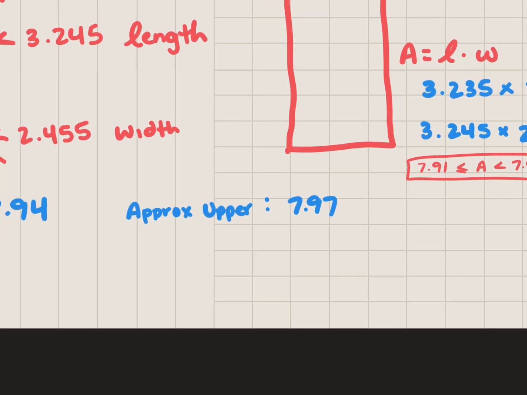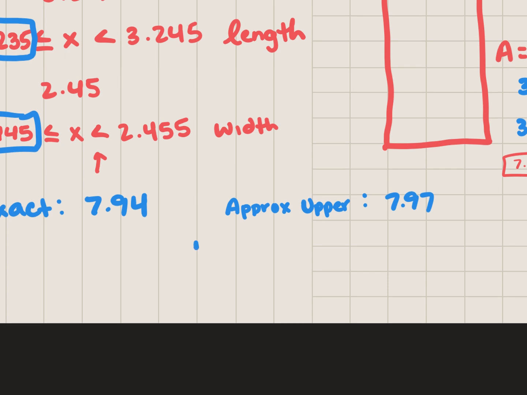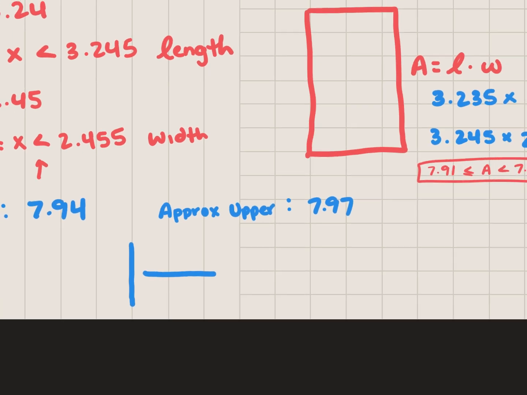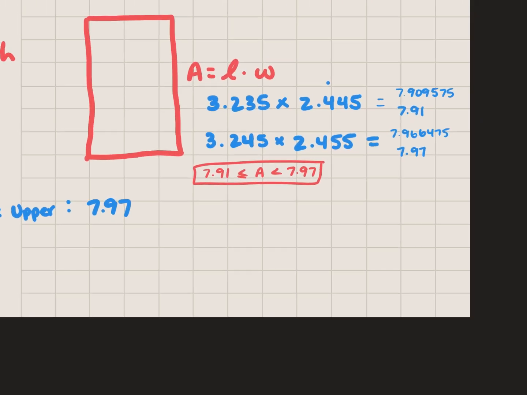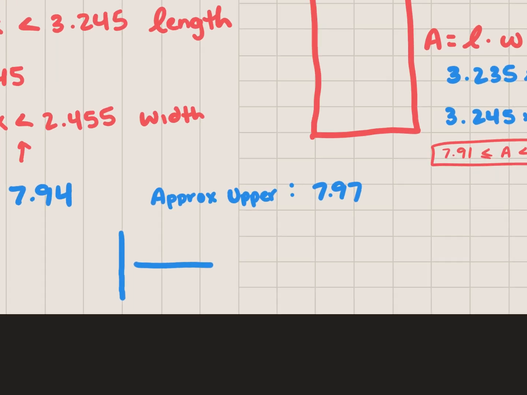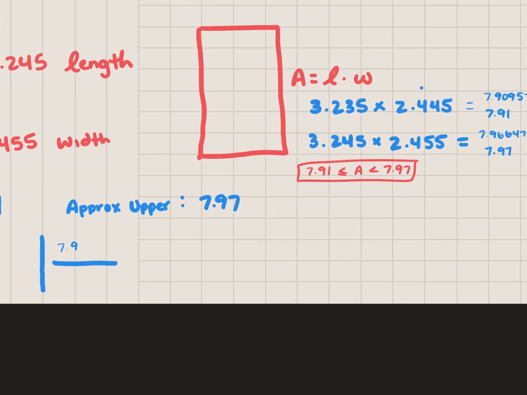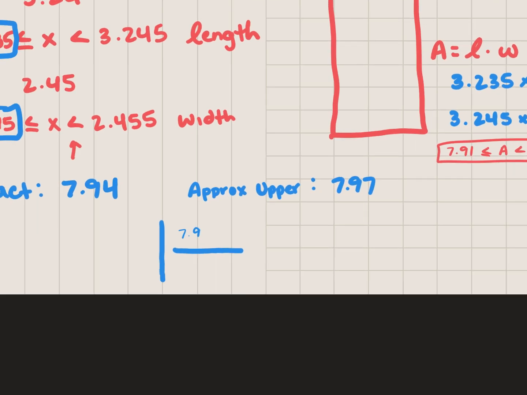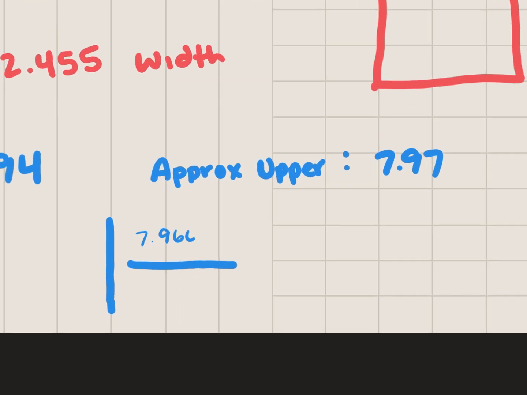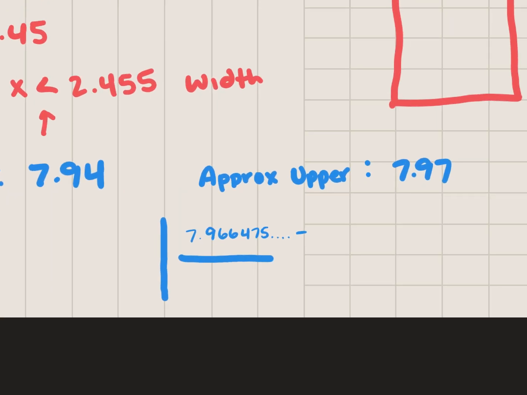So when we go to do our percent error, I'm going to use my percent error formula here. Okay, so approximate value is going to go up top, but I'm going to use the unrounded answer that we had before. And there are ways in your calculators to save those values, but 7.966475 and however far that value goes, minus our exact answer, 7.94.